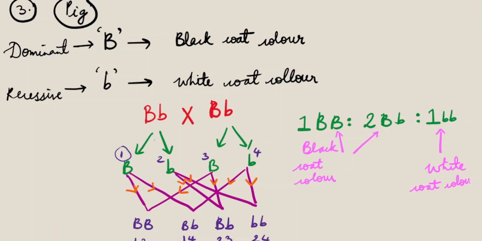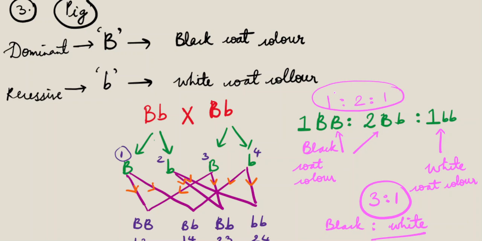So the phenotypic ratio will be 3:1, meaning black coat color is to white coat color. This is your phenotypic ratio, and I have written your genotypic ratio, 1:2:1. This is your genotypic ratio. So the maximum number of pigs will have black coat color, and only a smaller number of pigs will have white coat color.